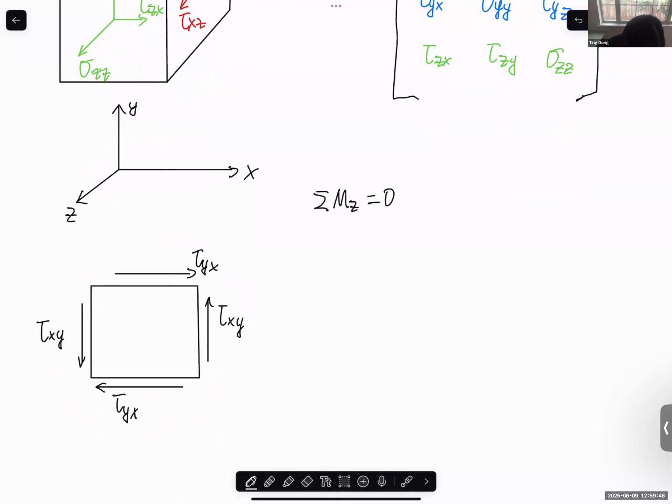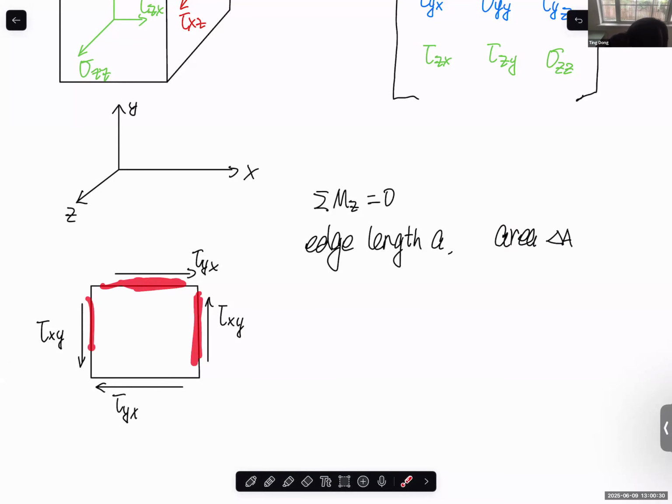Let's assume that the edge length of the square is a, and the surface it applies on has area delta A. Since we take it from a cube, the areas on these surfaces should be the same, all delta A, and the edge length is a.